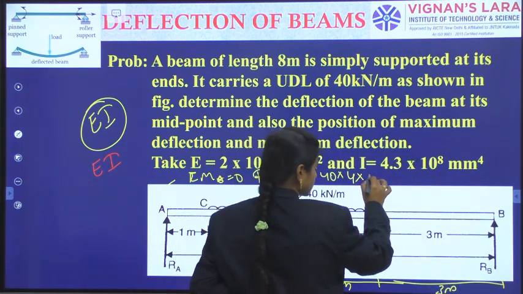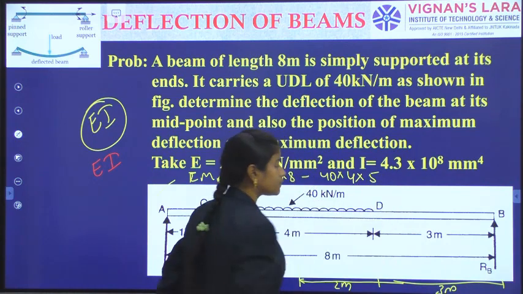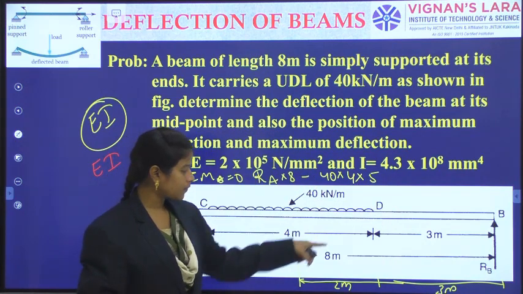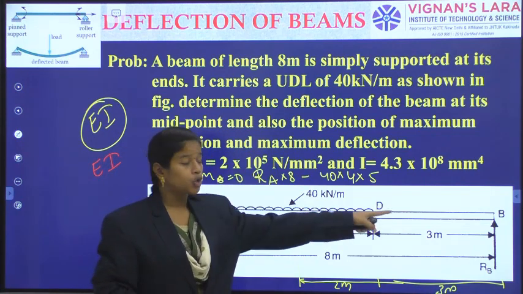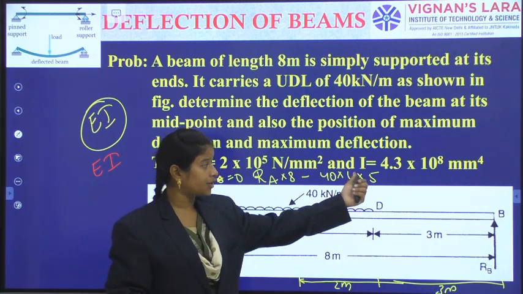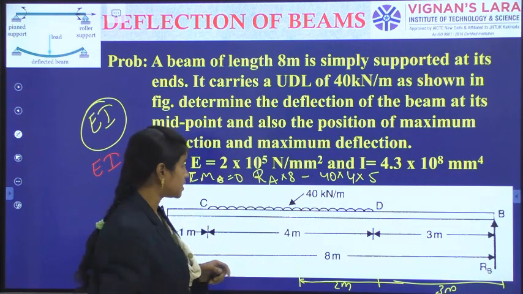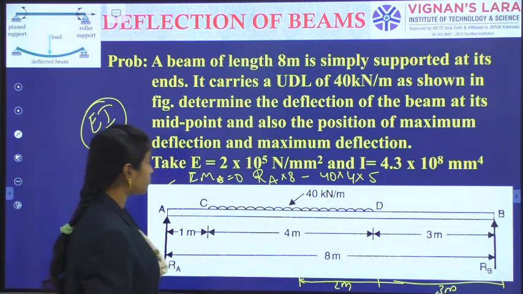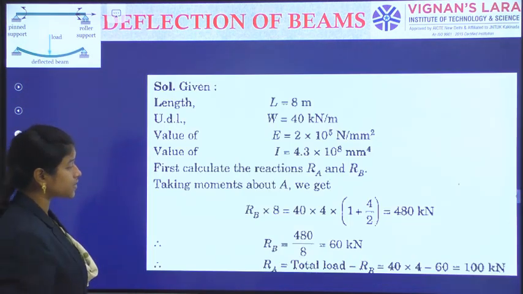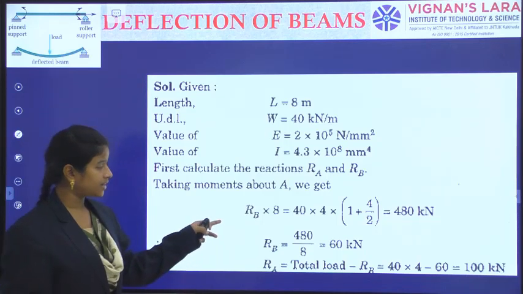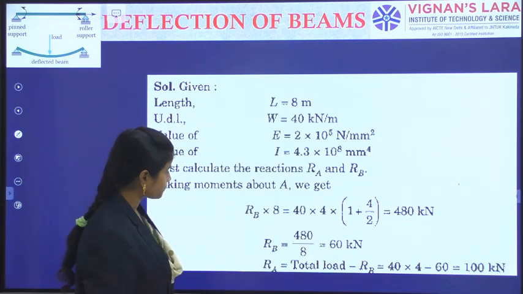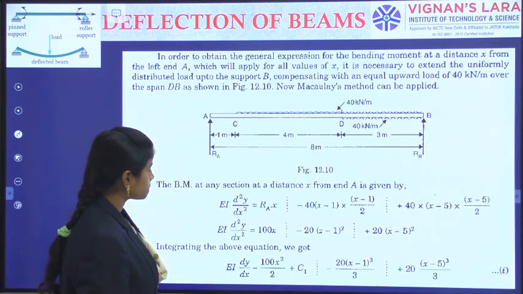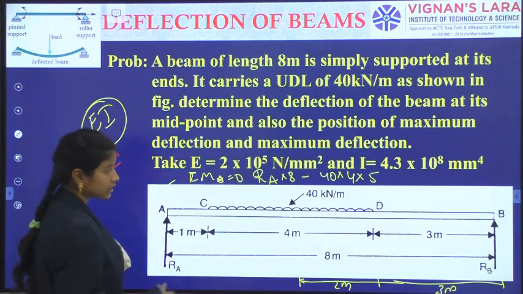So 40 into 4, and from the center load acting point to the B point, that is 40 into 4 into 5. So this is the UDL. In this way, we are writing bending moment about B is equal to 0. So we have written with respect to RB.